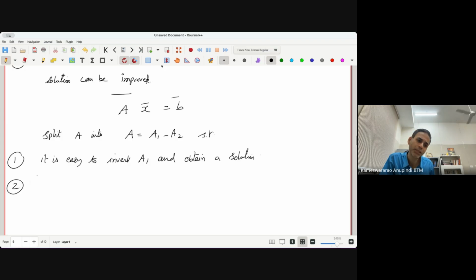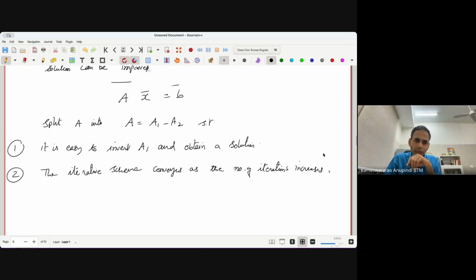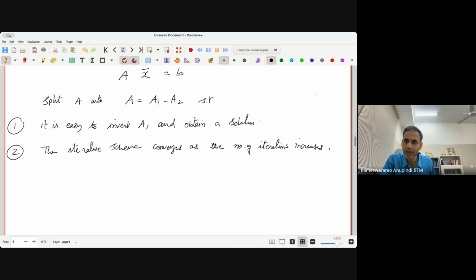The second condition is that the iterative scheme converges as the number of iterations increases. So these are the two things that we want in a general iterative method.